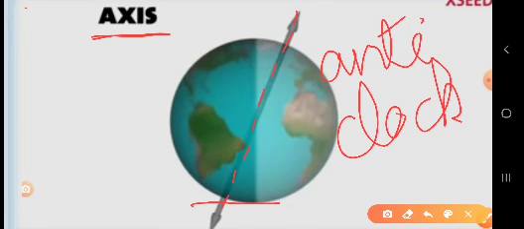Children, as we know, due to this rotation, what happens children? When earth rotates on its axis and it completes its one rotation, it causes day and night.